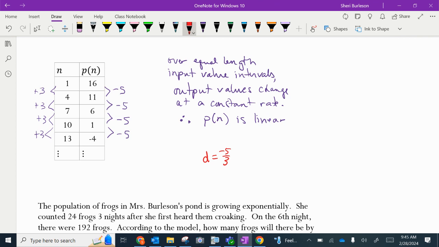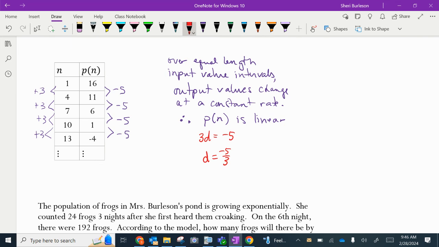Can I go straight there? Okay. Did anyone do it the other way where we started? But there's going to be 3 common differences between 1 and 4 to get me a change of -5. When I solve that, I get my common difference. And I tie that into the fact that this is a linear relationship, so we should see a slope.